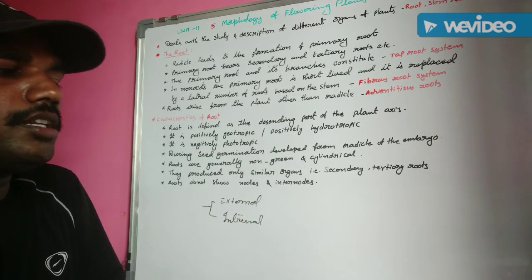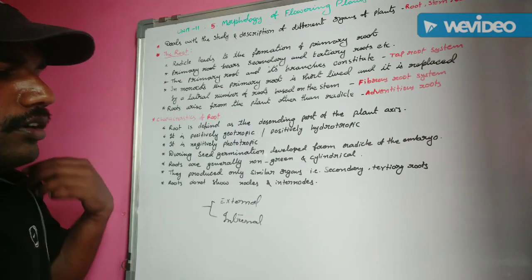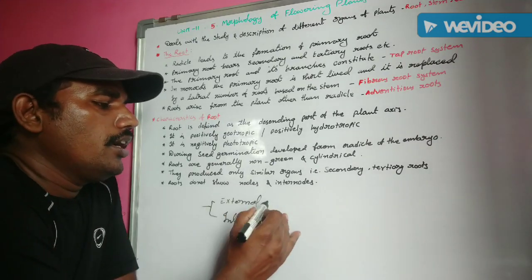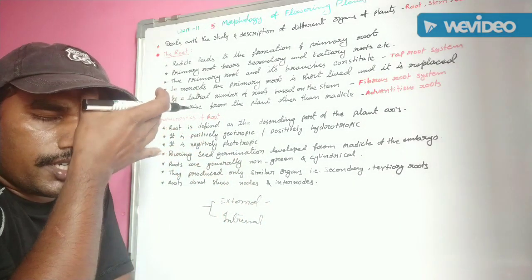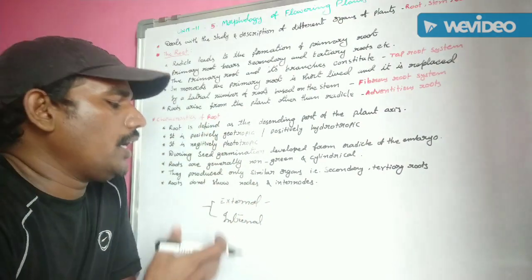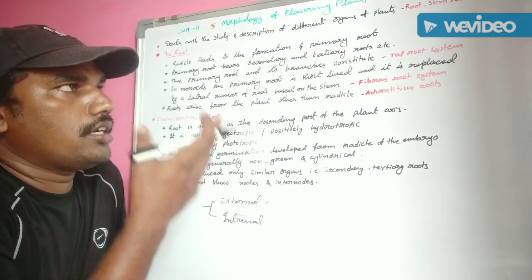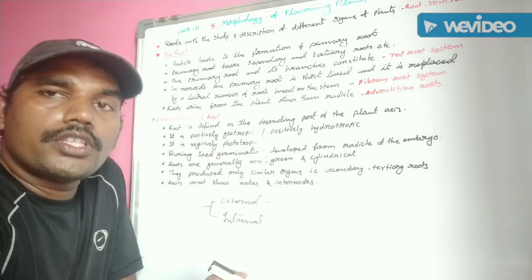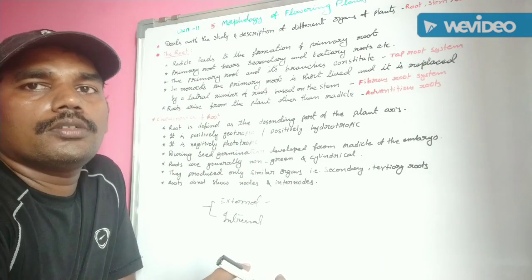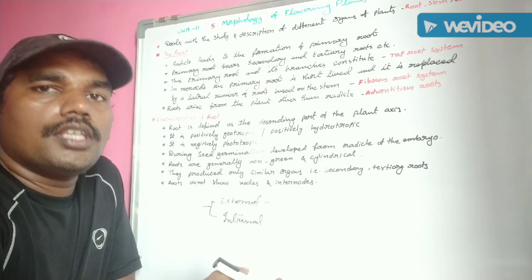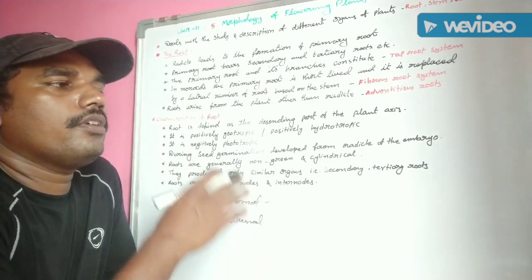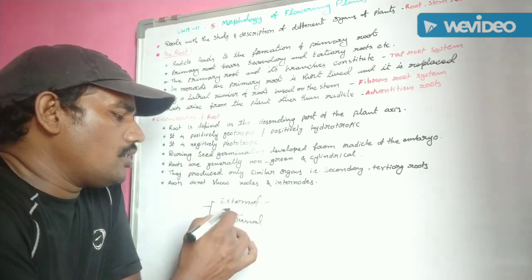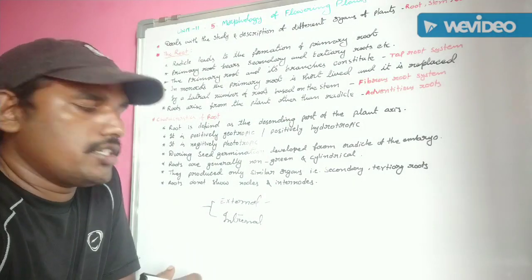External morphology means the study and description of external characters of the plant, like root, stem, leaf, inflorescence, flower, fruit, seed, etc. This type of external characters of the plant body is known as external morphology.